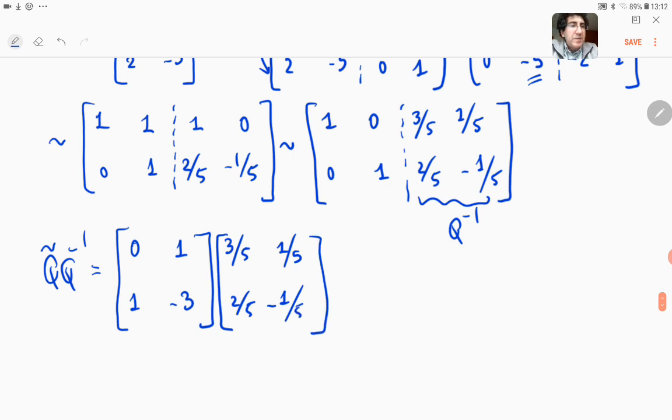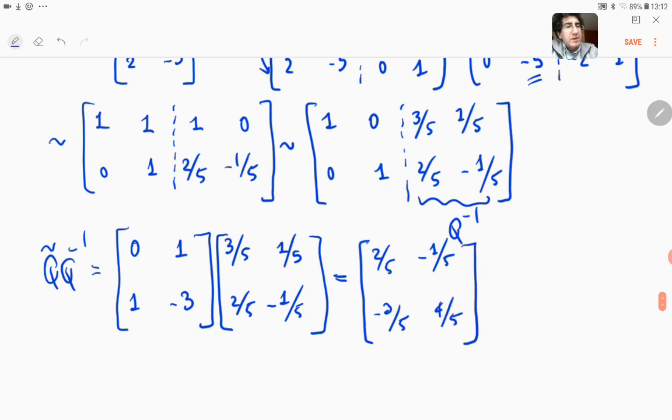And if you do the multiplication, that's going to give you 2 over 5, minus 3 over 5, minus 1 over 5 and 4 over 5. This is a 3, by the way. It doesn't appear as a 3, so I'm going to put it in a better way.